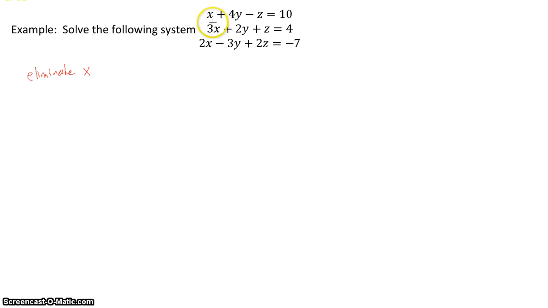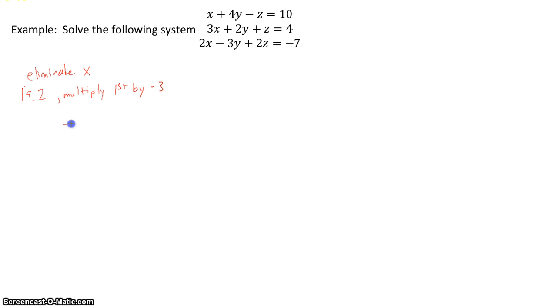So I'm going to take this first one and the second one. So 1 and 2. But I got to multiply the first one by a -3.